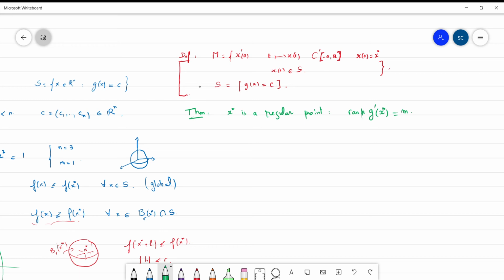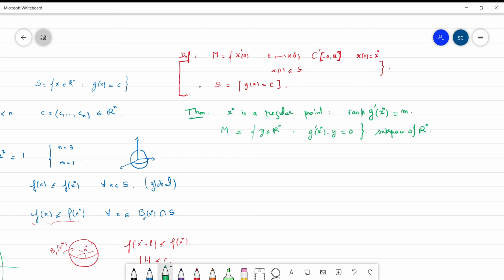In this condition the set M is exactly identified with the subspace of all vectors y such that the derivative applied to y equals 0. So it is a subspace of R^n.